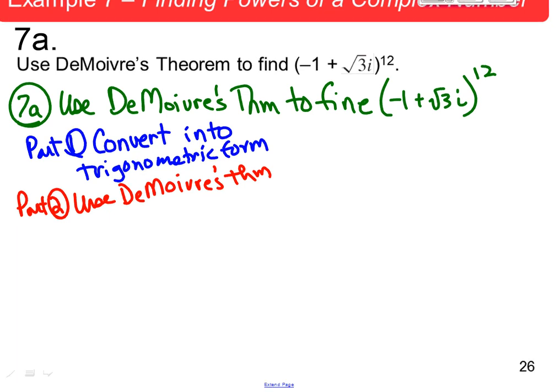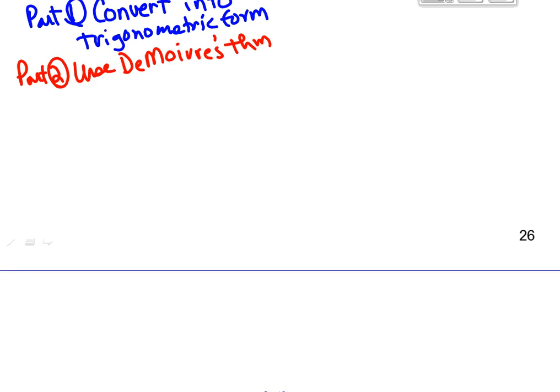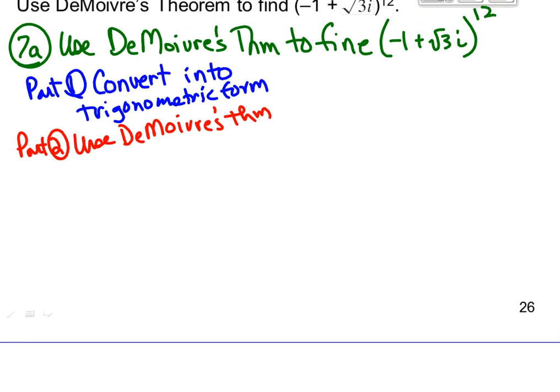So part 1, and this is a good review of the beginning of this lesson, is to take this -1 plus the square root of 3i, and that is a plus bi. So that means a is -1, b is the square root of 3, and we're going to write that in trigonometric form.